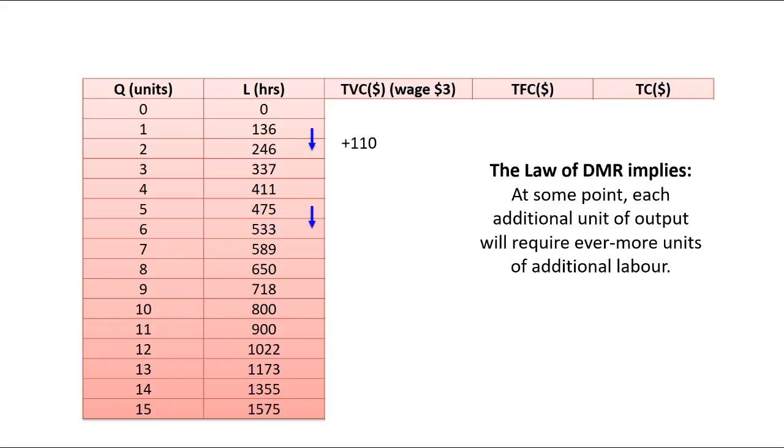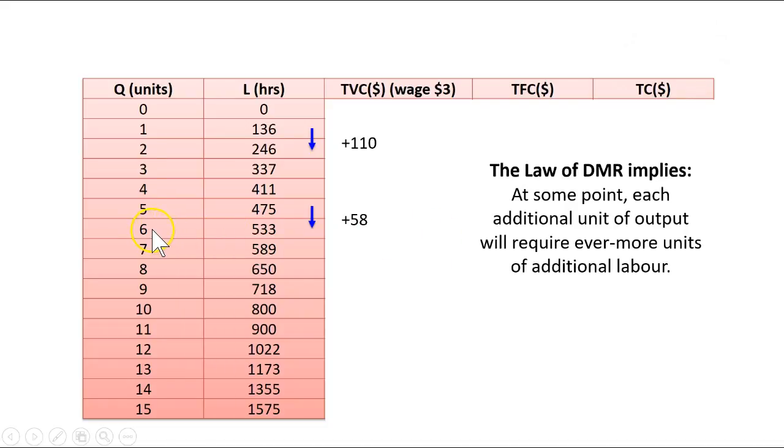Let's look a bit further down. To produce an additional unit of output, going from the 5th to the 6th unit of output, we'll have to employ more labour, of course, but it's an additional 58 units of labour, less than before.